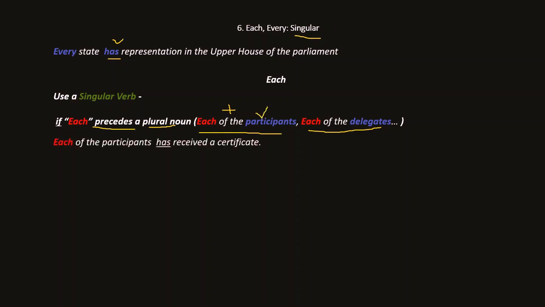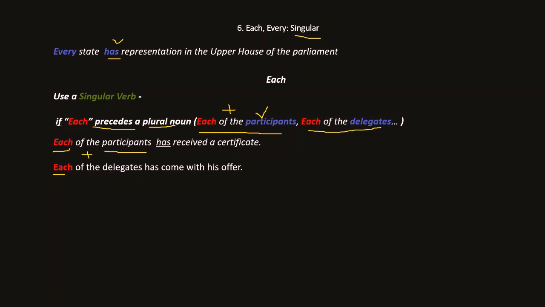Hence, we use a singular verb. Each of the participants has received a certificate. Each of the delegates has come with his offer. In each of the two sentences, the verb is singular, that is has. The structure here is each plus a plural noun.